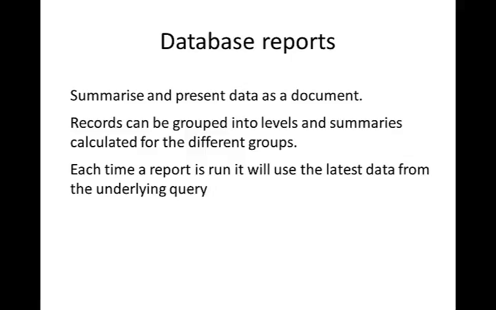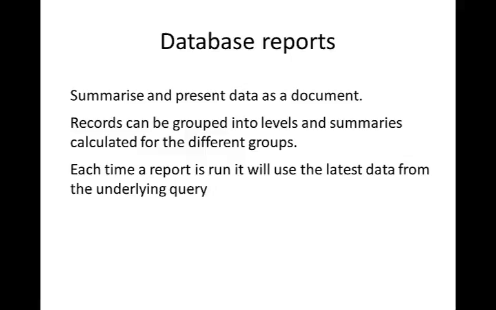So while forms are useful for entering and manipulating data and seeing individual records, they're maybe not very good for getting a summary of the entire content of your database or some aspect of your database. So some databases support what are called reports, or have reporting systems.